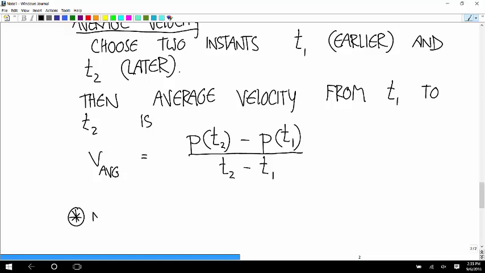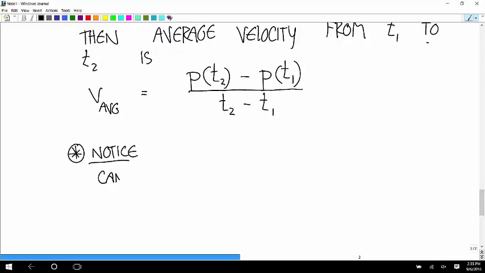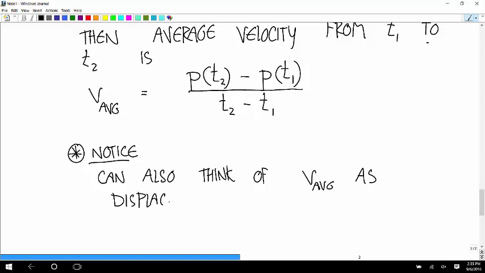So notice that you can also think of the average velocity as the displacement divided by the elapsed time.